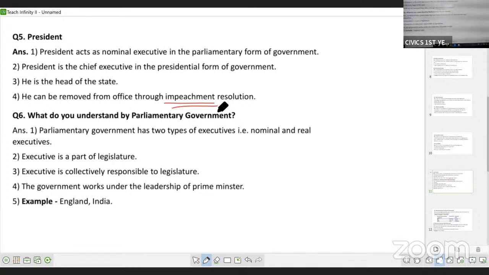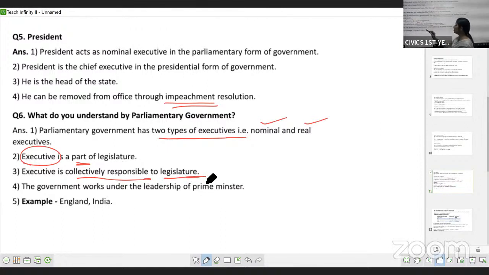What do you understand by parliamentary government? Parliamentary government has two types of executives, nominal and real. This we have discussed. I also told you that the executive is part of the legislature, and the executives are collectively responsible, answerable to the legislature.